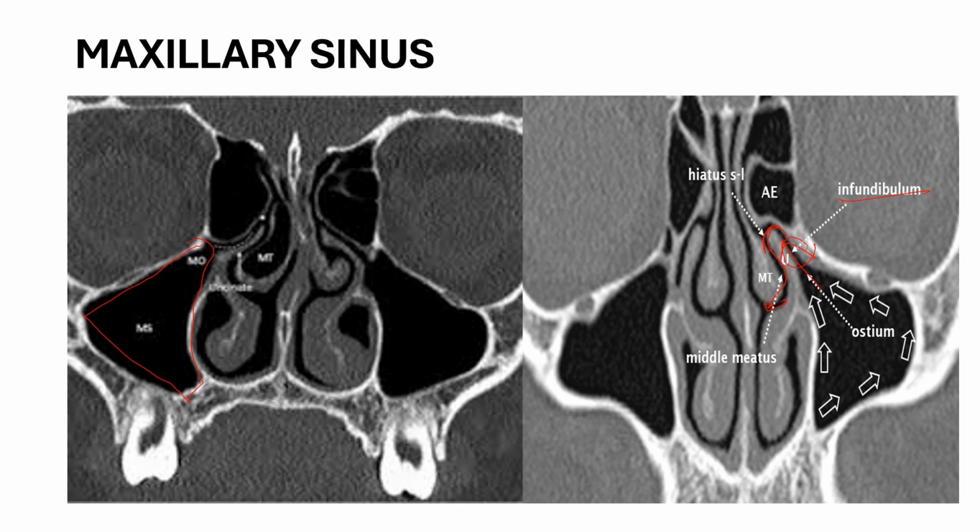So this is the pathway of maxillary sinus drainage. It is the largest of all the paranasal sinuses, and it lies on either side of the nasal cavity within the maxilla.